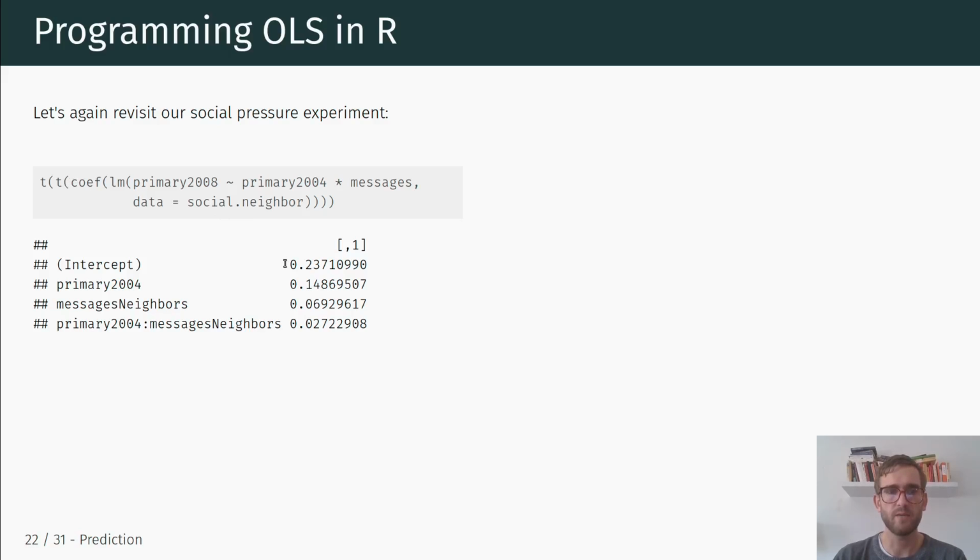The point is, we have 4 coefficients. We have an intercept, that's 23% expected turnout in the control condition. And since we have this interaction and we control for primary 2004 turnout, this is the expected turnout rate among observations that did not vote in the 2004 primary and that were in the control condition in the specific field experiment.